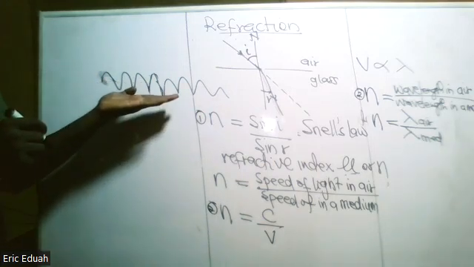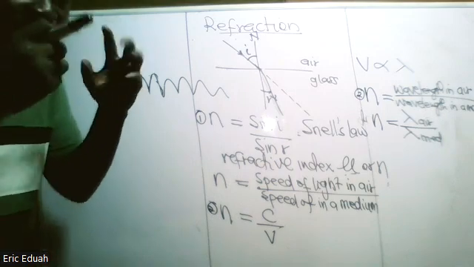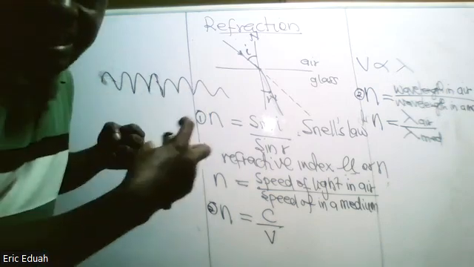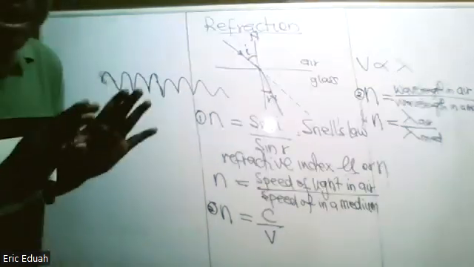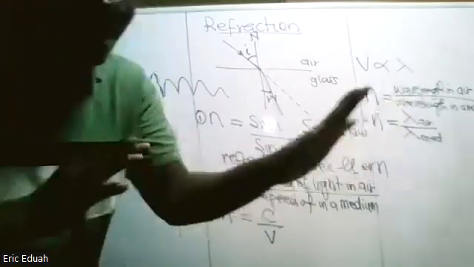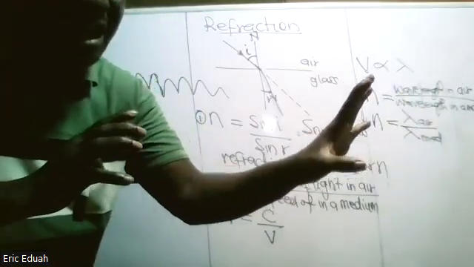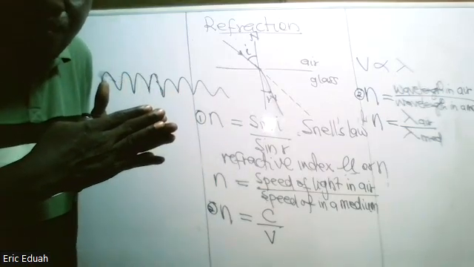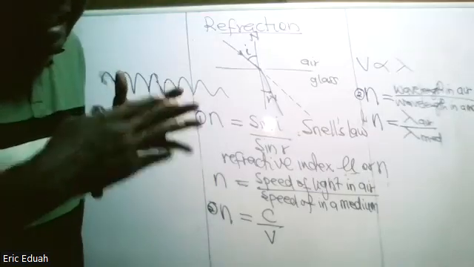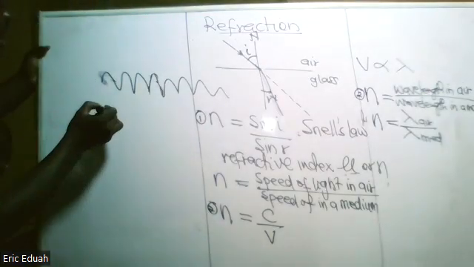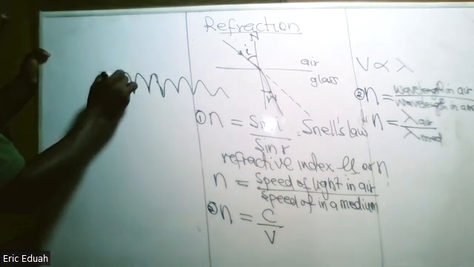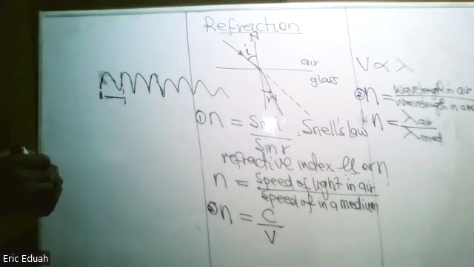This thing we are calling a wave, which represents the form of light, is this, and it's like a spring. When a spring hits a wall, what happens? It compresses. Is that okay? It compresses. Yes. Now, this is what we are referring to as wavelength. The distance from this side to this side is what we are calling a wavelength.